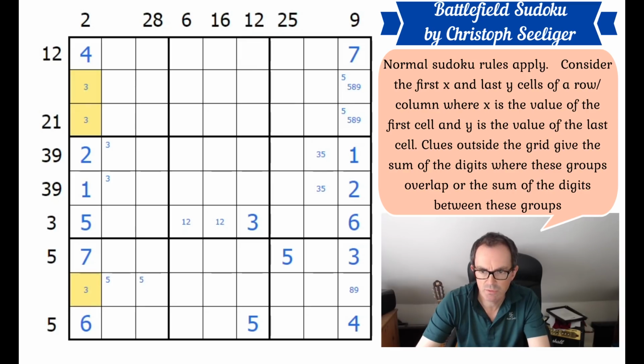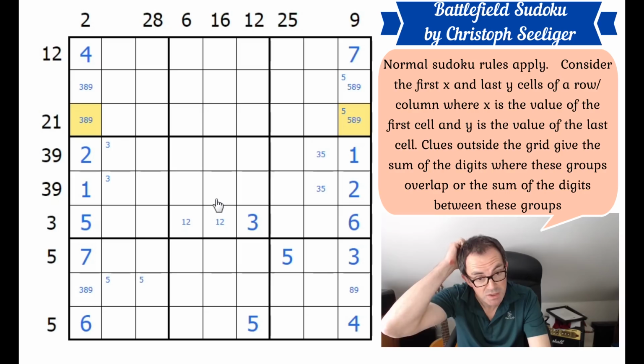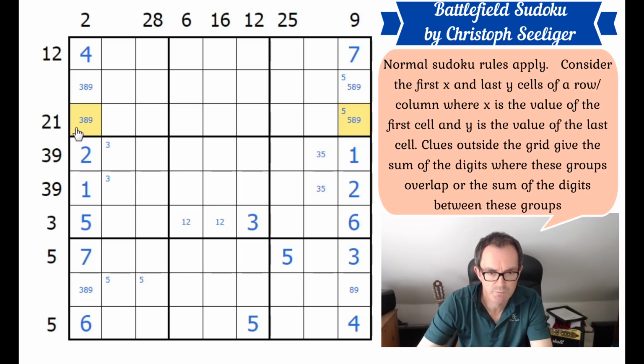So we've got 3, 8, and 9 into the column there. Right, this clue is interesting, because we can't pair up the 8 and the 9. We know every row of a Sudoku adds to 45. So if I have an 8-cell overlap, this cell would have to equal 24 on its own.